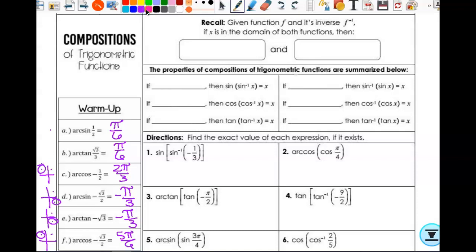But just for inverses in general, if I have f of f inverse of x, that equals x. And f inverse of f of x equals x. That's how you verify that you actually have an inverse, right? So that's kind of what we're doing here.